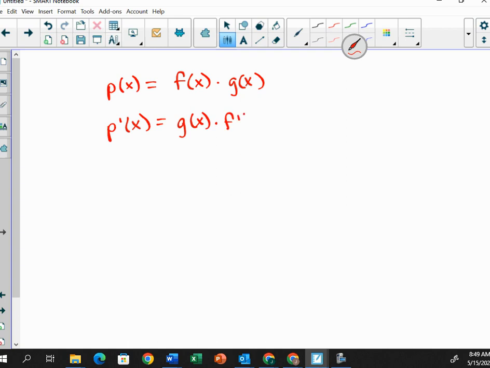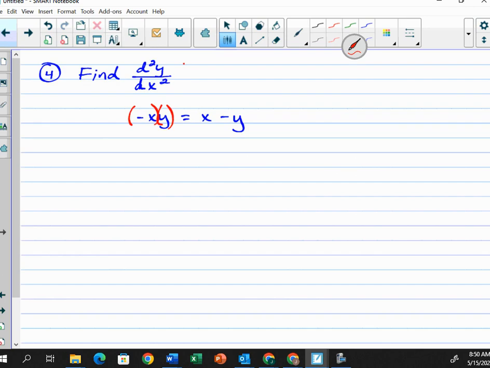I go in this order because it's the same order as the quotient rule, so I have less to remember. Hey guys, the order really doesn't matter. You just need to take one function times the derivative of the other function plus vice versa. Okay? All right, so let's look at it.